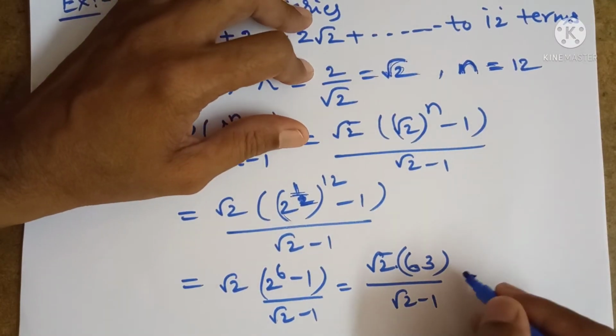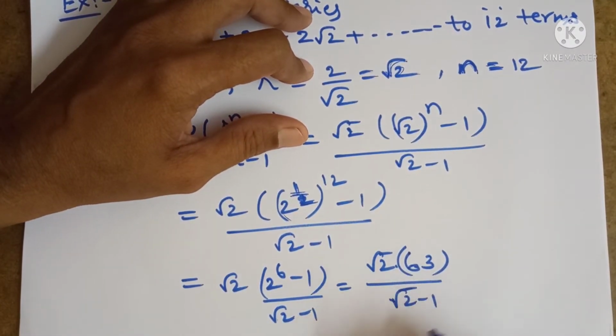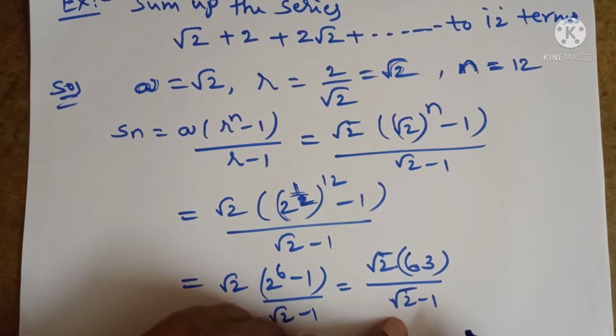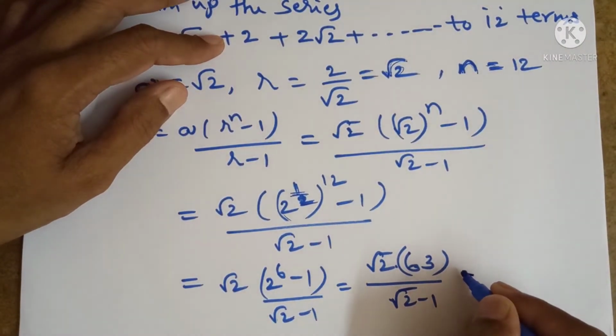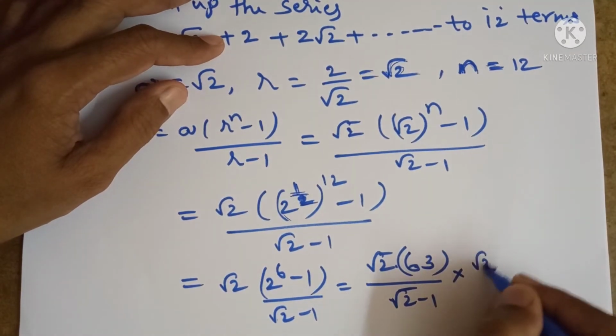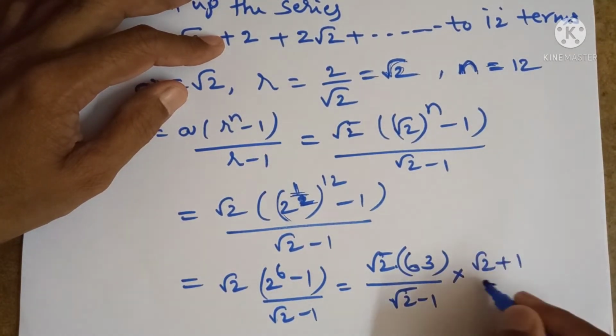Now we have to rationalize the denominator. Multiply by root 2 plus 1 by root 2 plus 1.